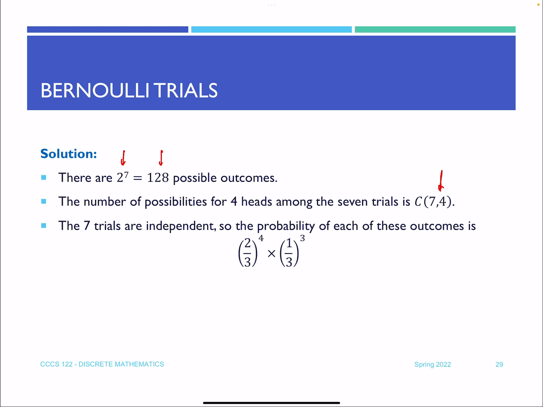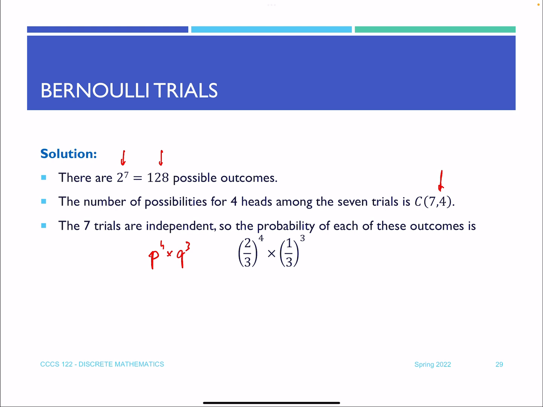That means the probability of each of those outcomes, that we have 4 heads, 3 tails, is P to the power 4 times Q to the power 3.